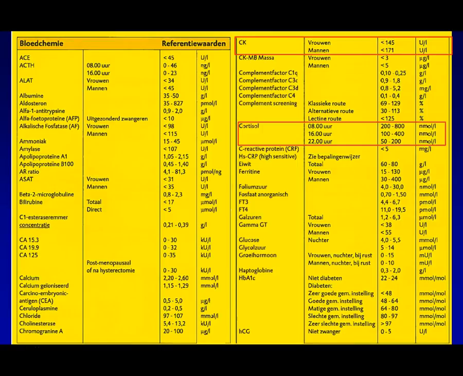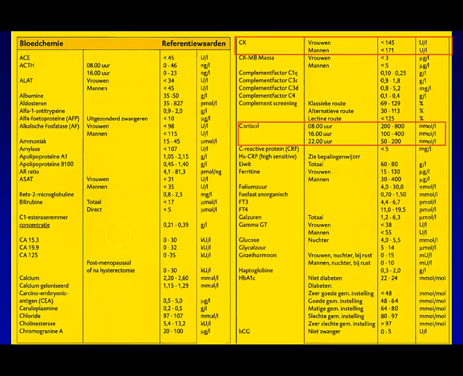In this slide we see many factors that were discussed in the few minutes that were before. For example, we see a tumor factor that has different references for postmenopausal women as compared to premenopausal women.